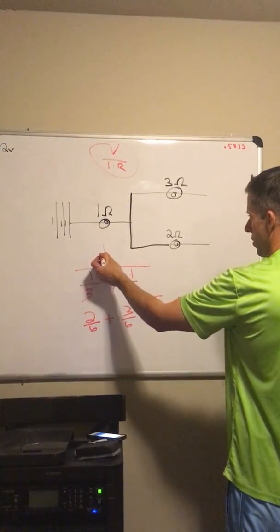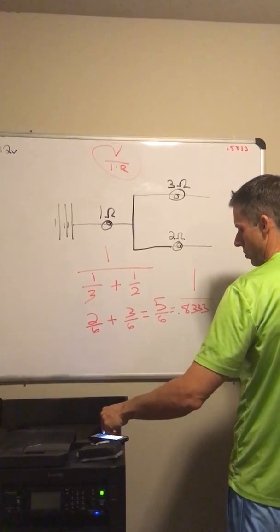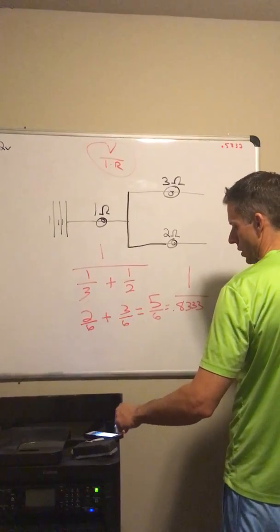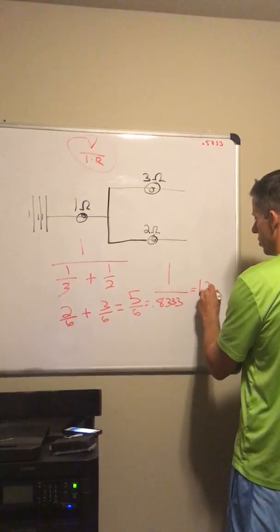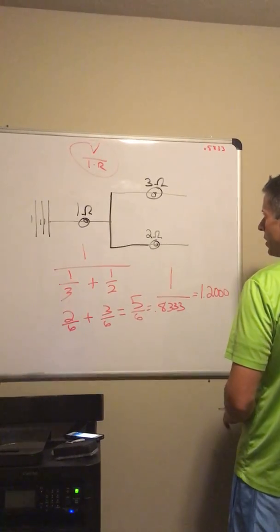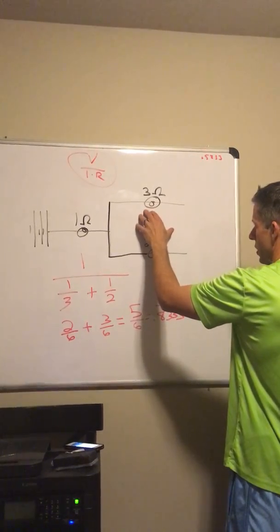Now I still have my 1 over here, so I need to put 1 over 0.8333. And that equates to 1.2000. So that is my resistance total for just this portion of the circuit.